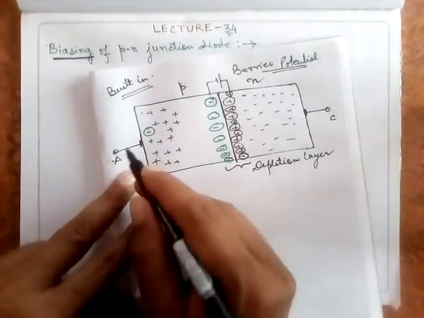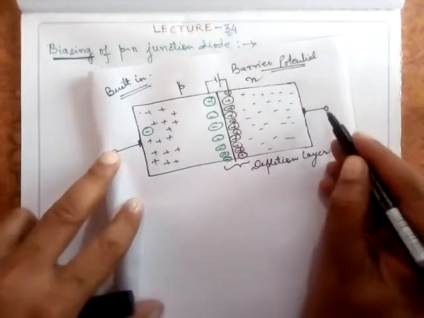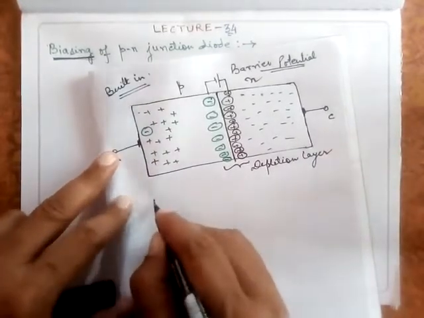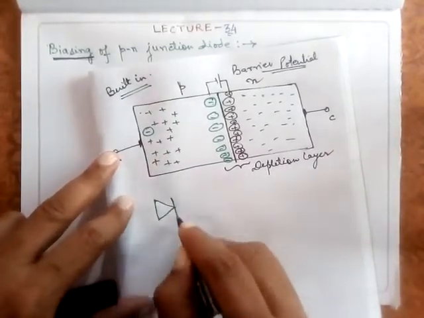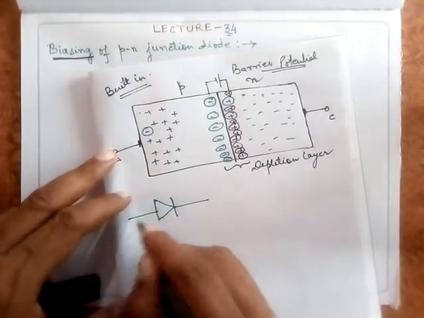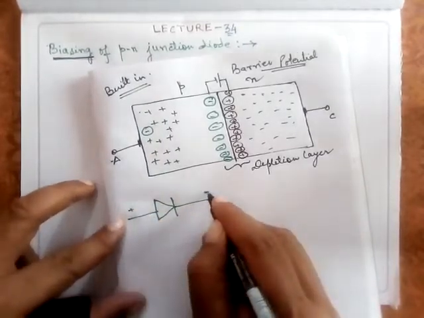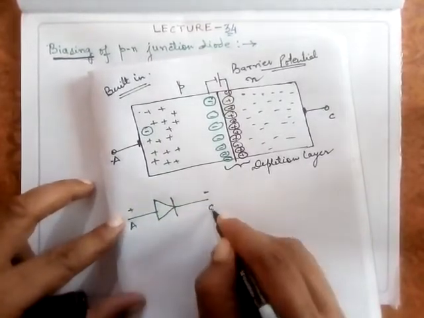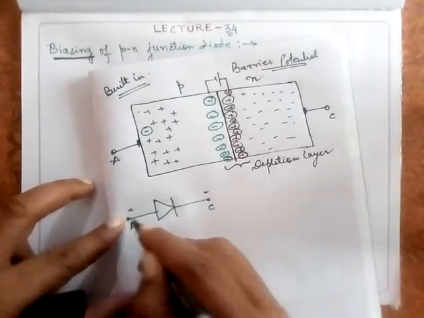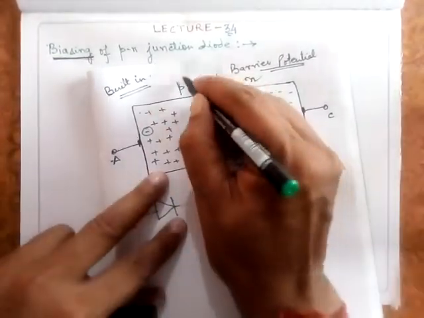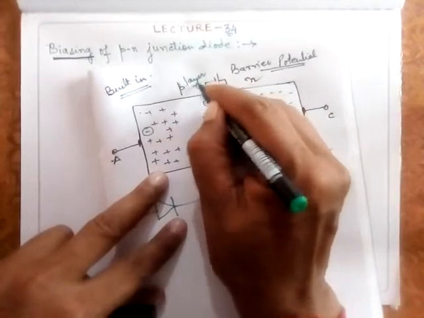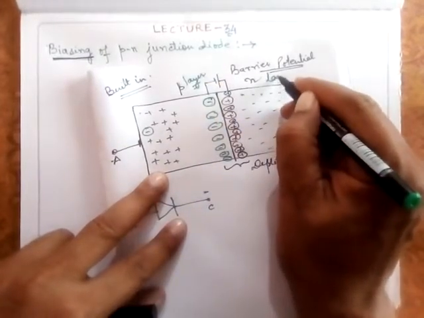Under this condition, I also told you that this is the symbol of a diode. This is representing the anode and this is representing the cathode. Now these are the two layers. This is called the P layer and this layer is called the N layer.